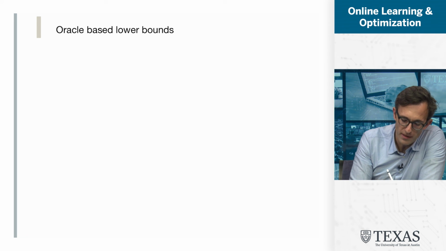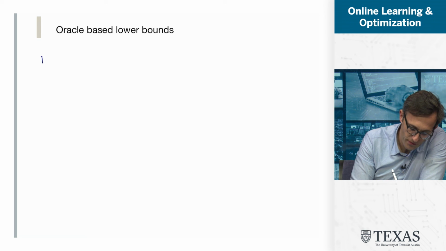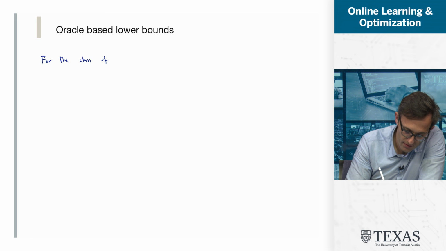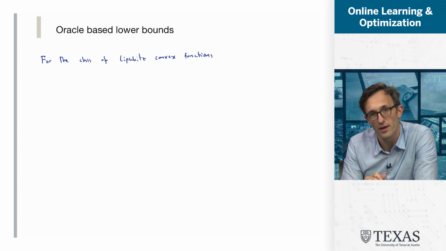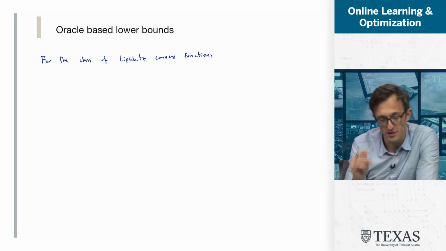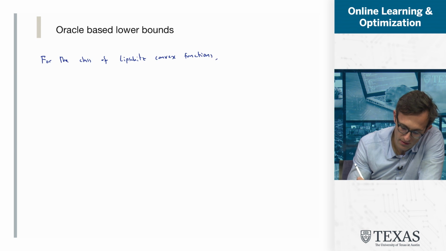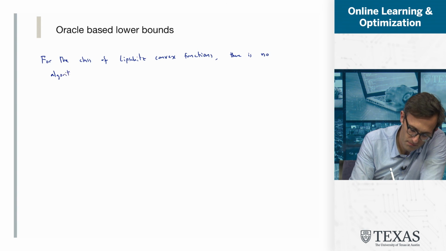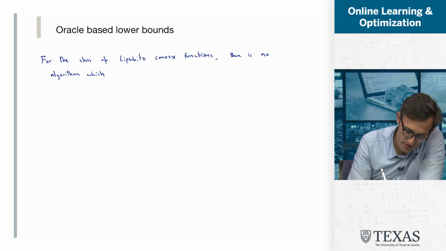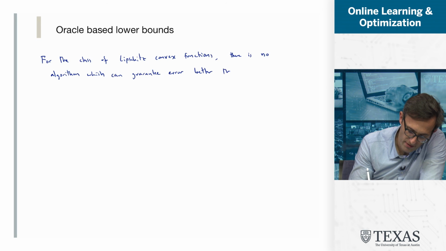These are called oracle-based lower bounds, and they say that for the class of Lipschitz convex functions, okay, so this is the class for which the subgradient method guarantees 1 over square root of t error after t steps, there is no algorithm which can guarantee error better than 1 over square root of t for all functions in this class.